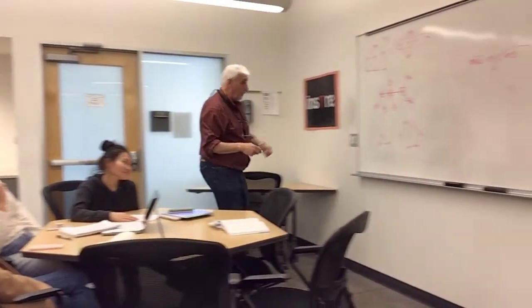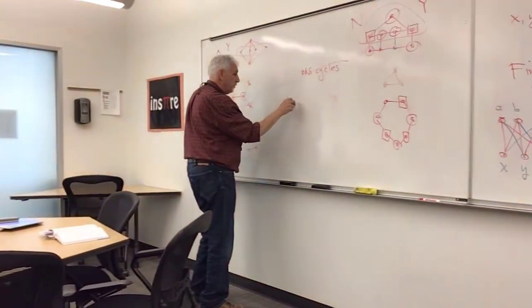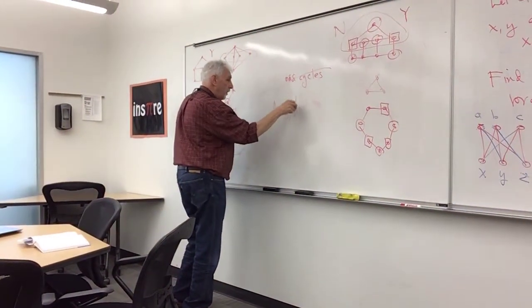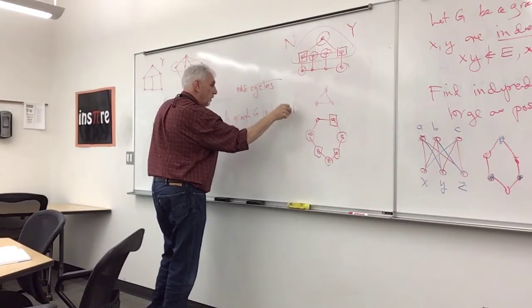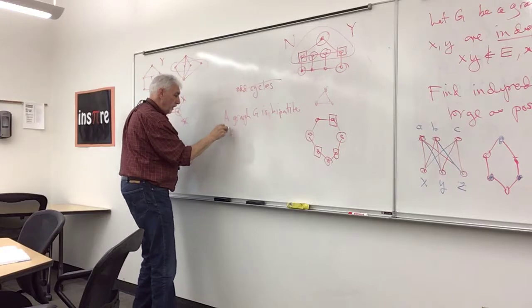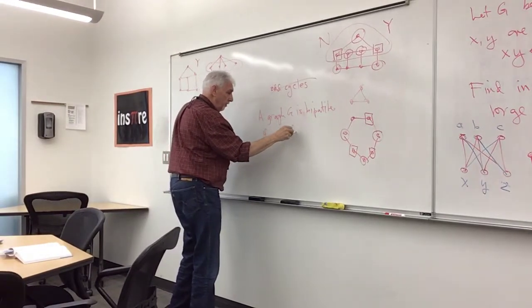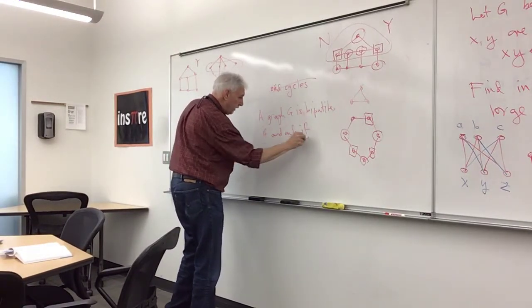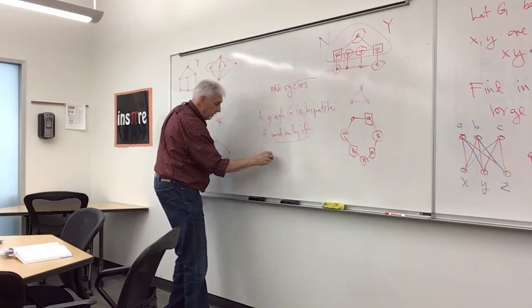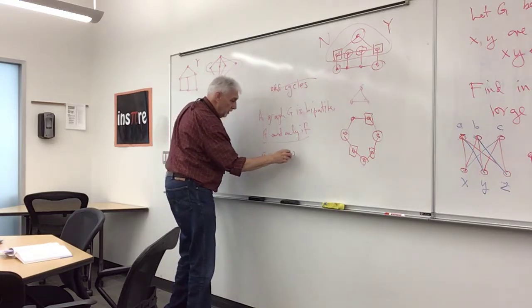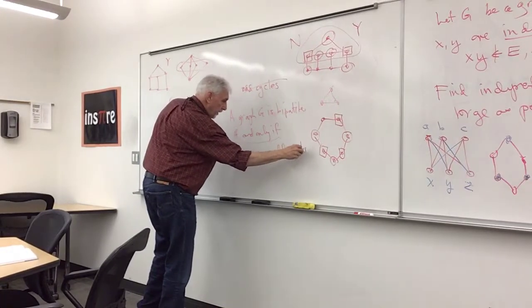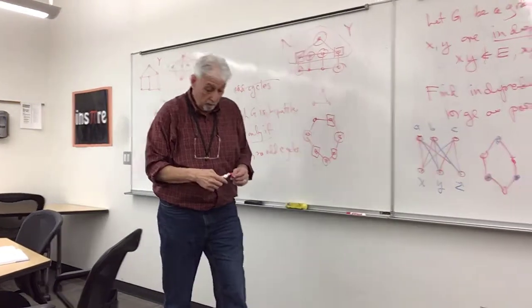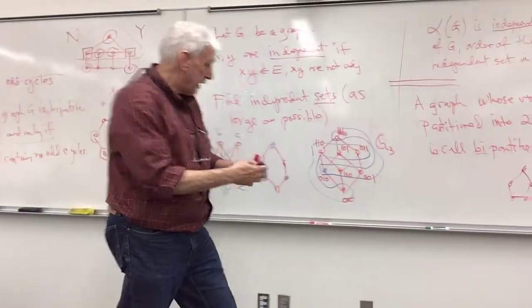A graph G is bipartite if and only if G contains no odd cycles. So I'm going to sketch a proof of that.